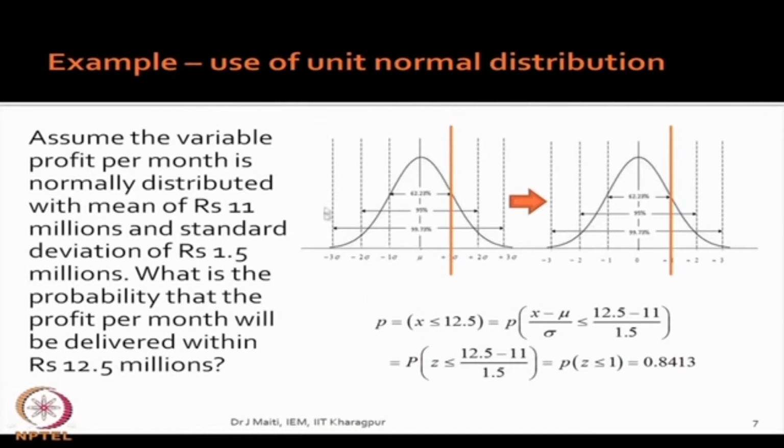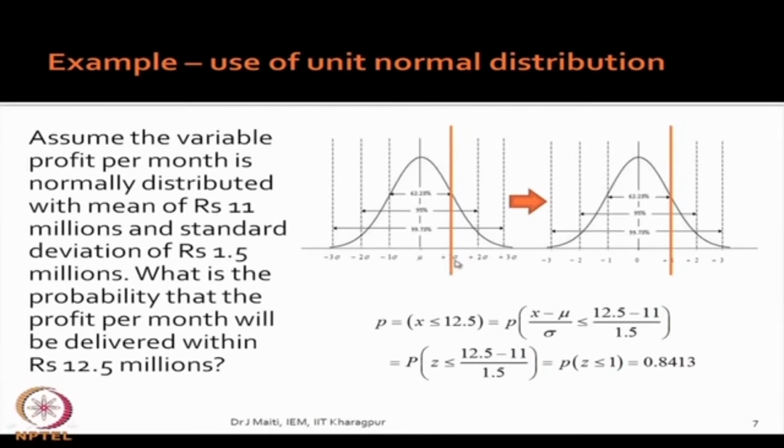You see on the left hand side this figure is in the original variable, and the right hand side is the unit normal one. If you see the x axis at the bottom, the mean is the middle value, and on both sides there are demarcations of 1 standard deviation, 2 standard deviations, 3 standard deviations.